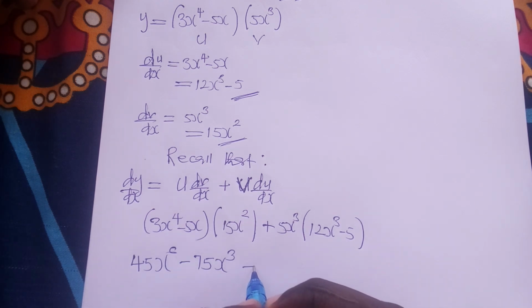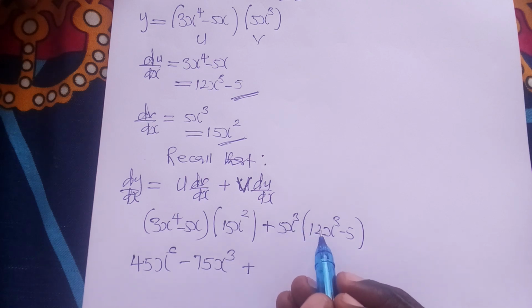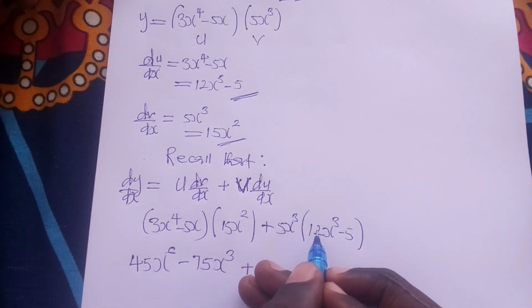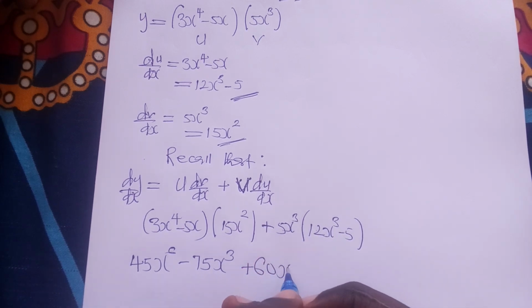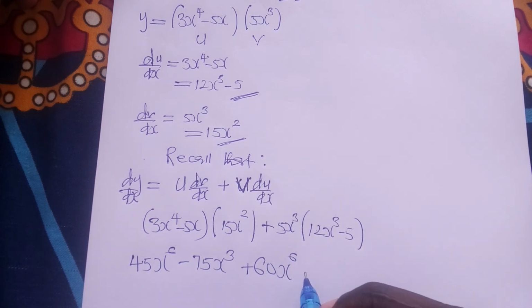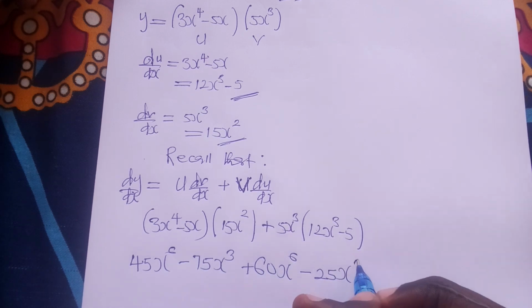We say plus the same thing again, 5x cubed times 12x cubed giving you, we know 5 times 12 giving you 60, x cubed times x cubed giving you x raised to the power 6. Okay, minus 5 times 5, it is 25x raised to the power 3.